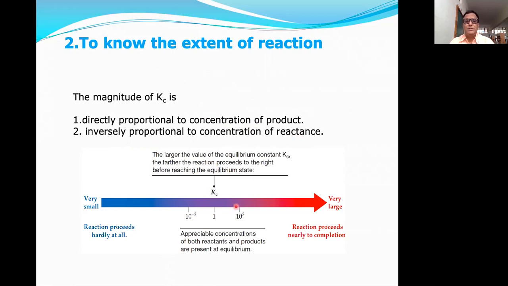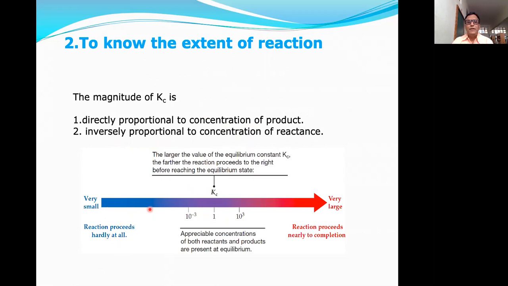You can observe this figure. Suppose on the left hand side, the value of equilibrium constant Kc is very small, then the reaction proceeds hardly at all.